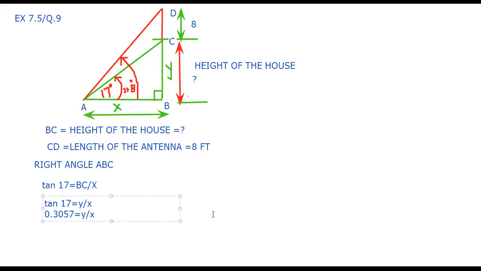So you will notice that once we substitute these values, we will actually get an equation. That's all. Let's suppose this is equation number one, and we will use it later with another solution.